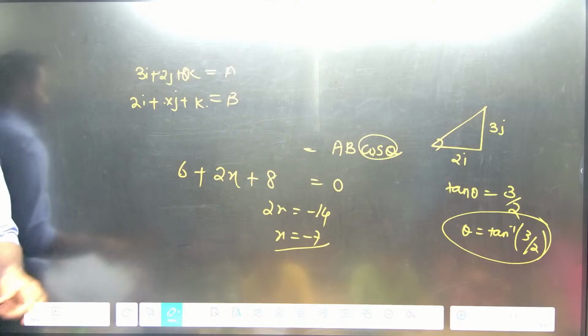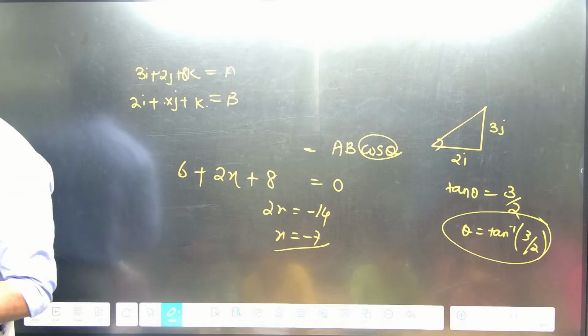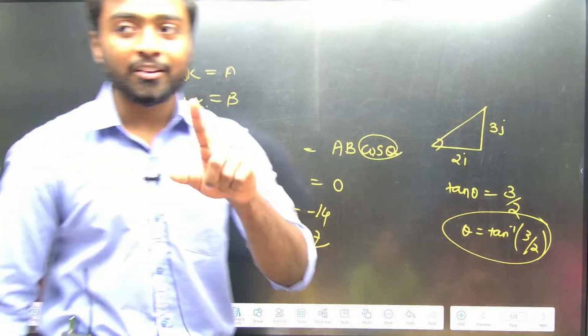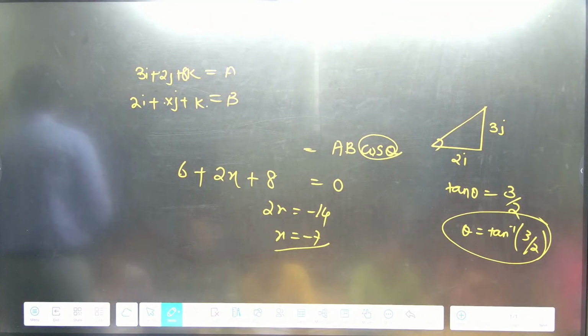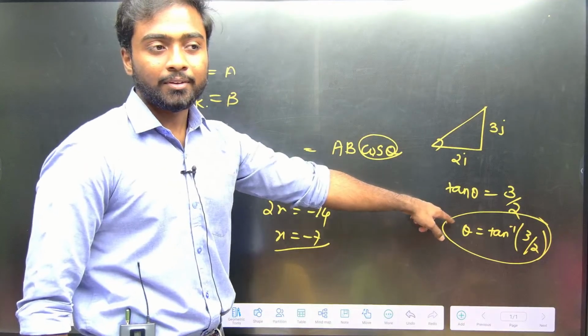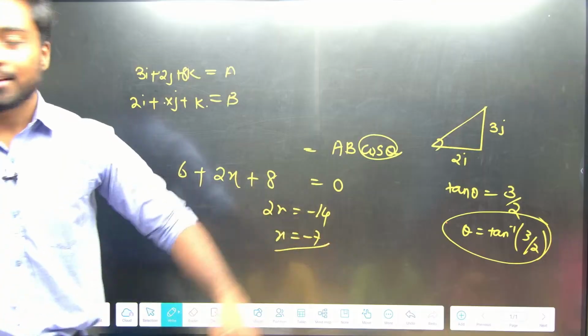So this one is with respect to the x axis. If they are asking about the y axis, what is the answer? This answer 3 by 2 is for the x axis. The angle here is with respect to the y axis.